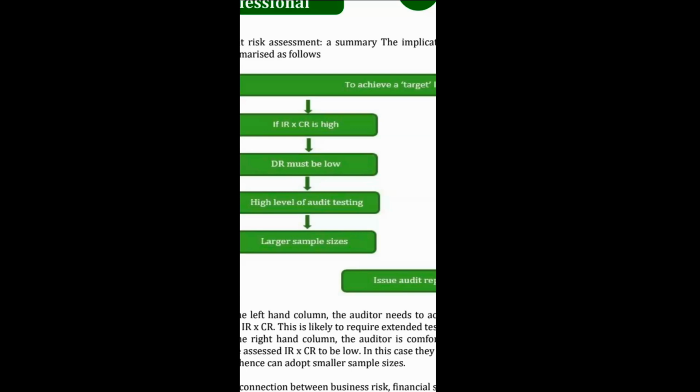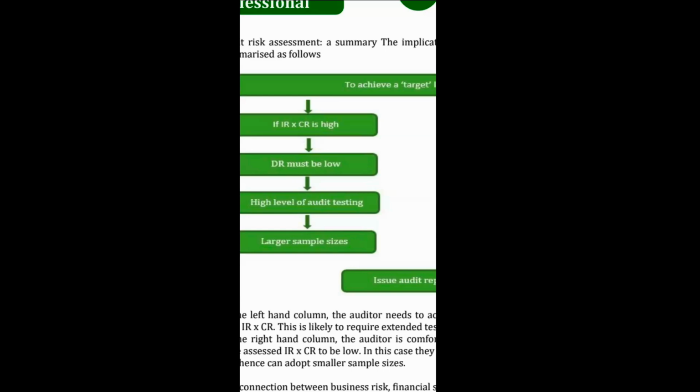I said that in audit, we don't test everything. We only test in samples, and we collect a sample from the population. Let's say the population is 100. Ordinarily, if he has an understanding of how the business operates, he might only collect 10% of the population and use the result to conclude on the entire population.